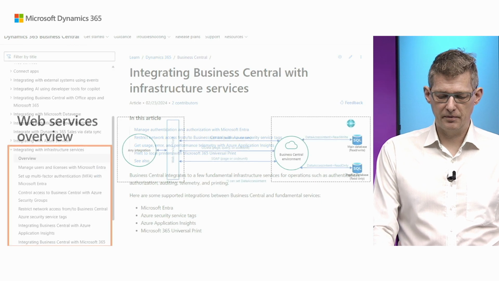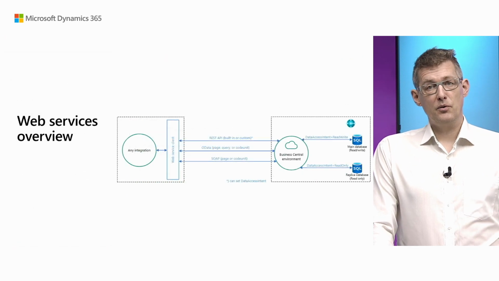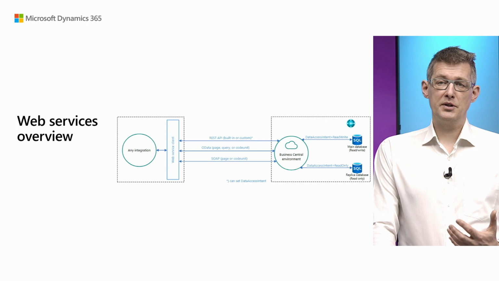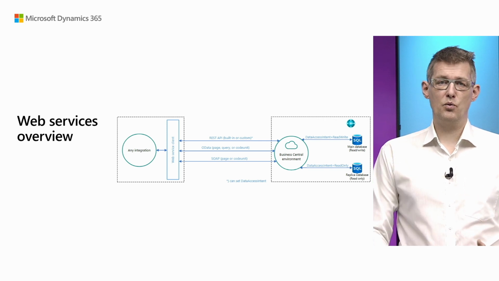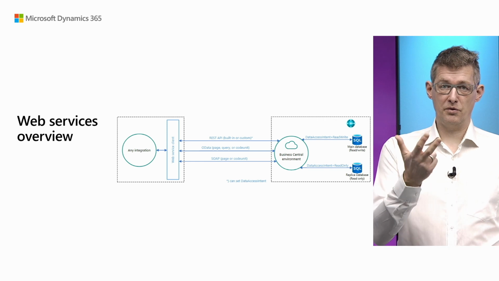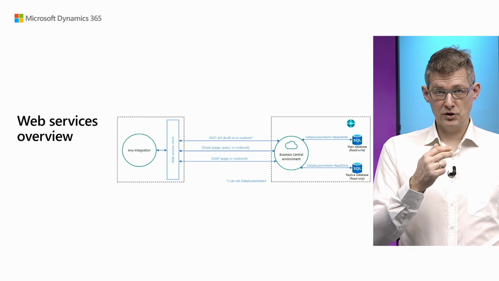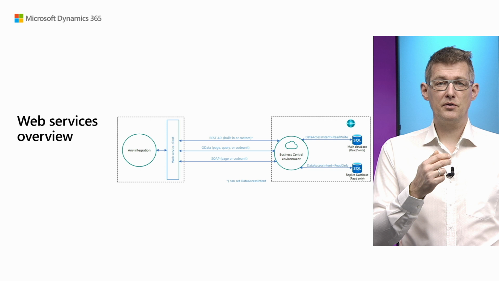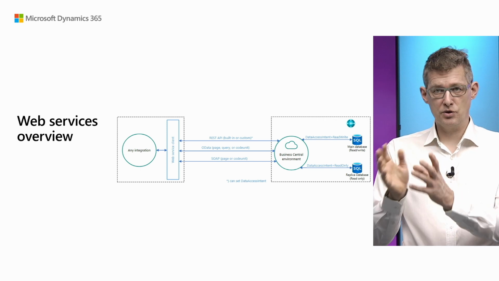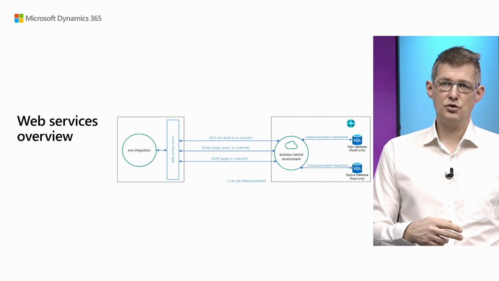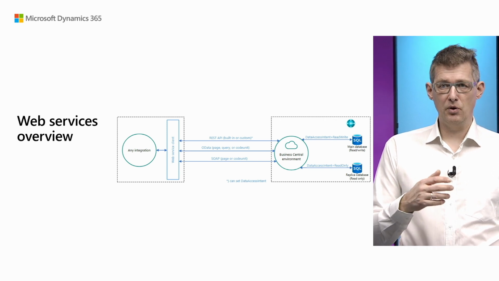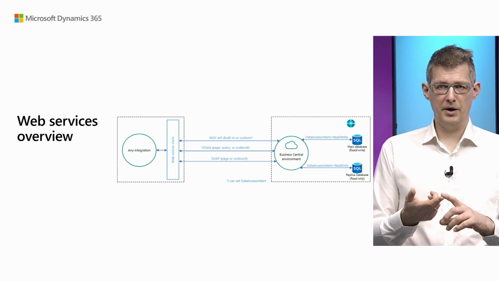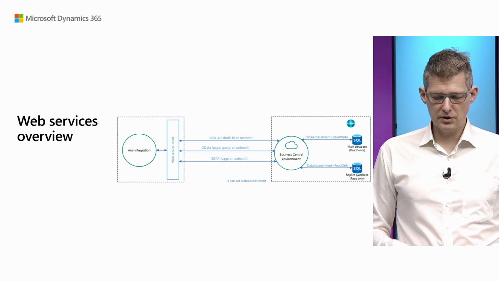And then finally, we updated the web service documentation with a new overview of that. Business Central supports 3 different ways to integrate to web services: REST APIs, which is what you should use, and then OData and SOAP, the legacy ways to enable web services through pages, queries, and/or codeunits.